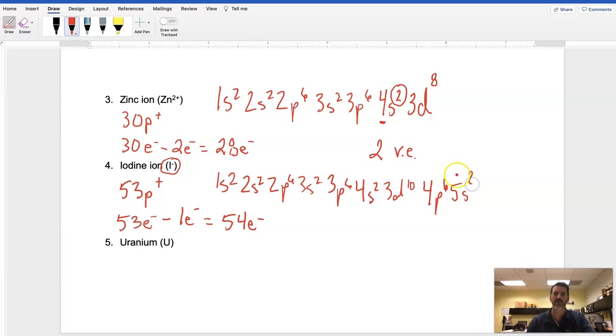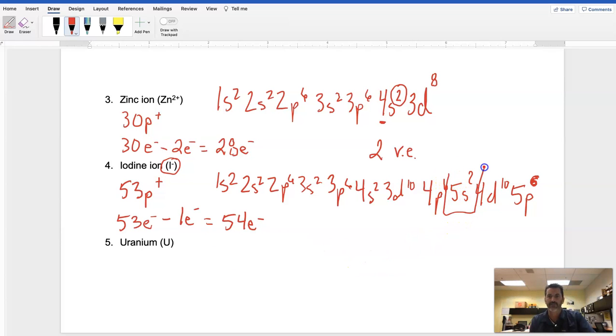Here's where we get into some weird overlaps. 4d10, 5p. Normally it would be 5p5, and that would add up to 53. But because I've gained an electron and now have 54, I add one more and it becomes 5p6 for the ion.